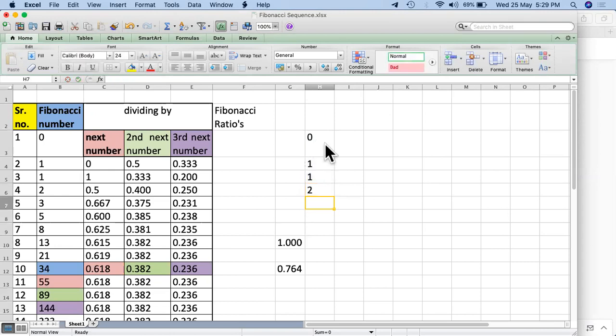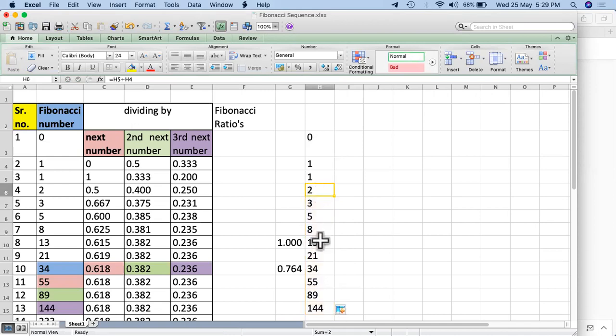Again we add 1 and 1, we get 2. Next we add 2 and 1, that is 3. That's how we go on with the sequence, and we get the further numbers in the sequence.